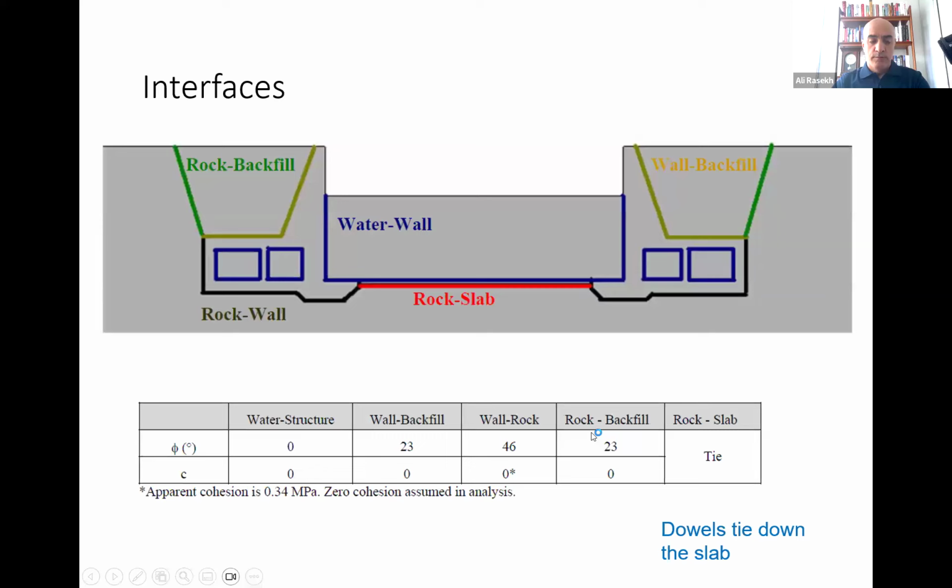Everything else is frictional, and we got the parameters for the frictional interface from the geotechnical engineer. Dowels tie down the slab. Initially we didn't use tied interfaces in the model and the slab was flying up, obviously another proof that it needs to be doweled down. So in the spec we changed it to dowel down, and then in the analysis we tied them down.